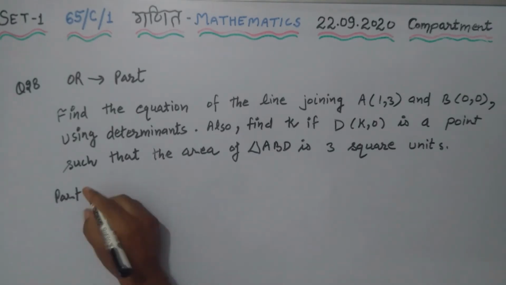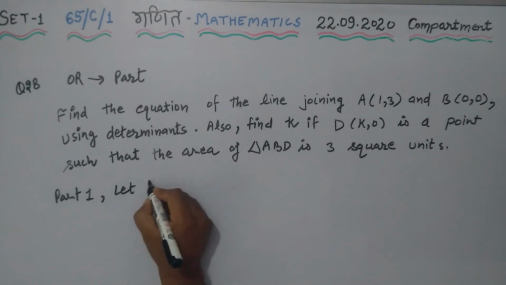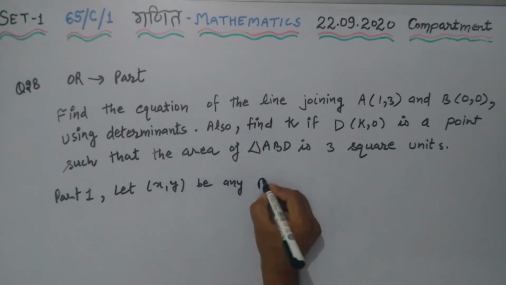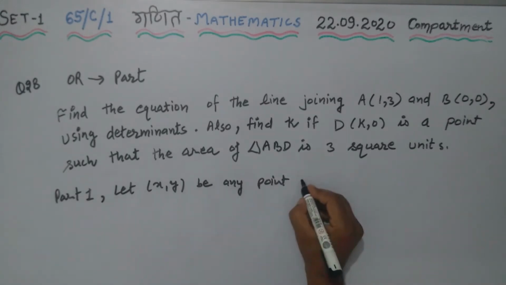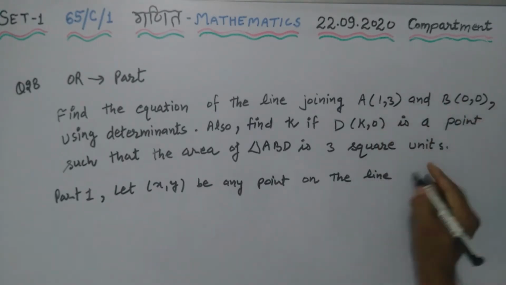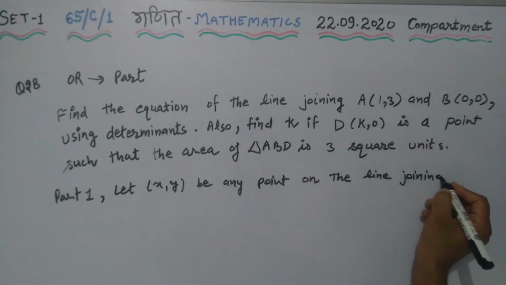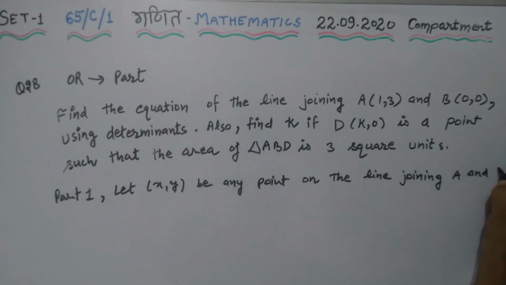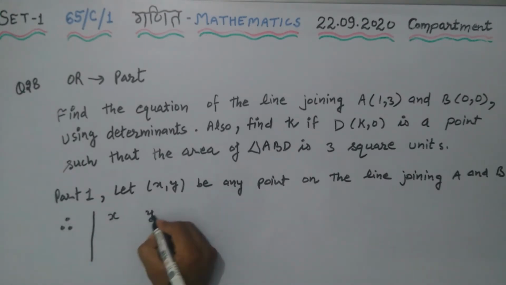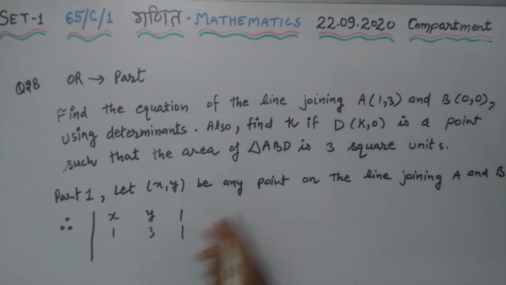Let (x, y) be any point on the line joining A and B. Therefore, determinant of x, y, 1; 1, 3, 1; 0, 0, 1. This determinant is equal to 0.